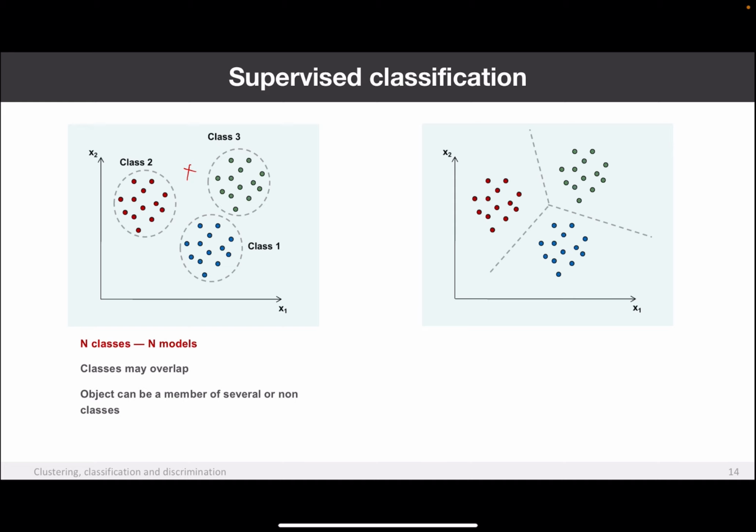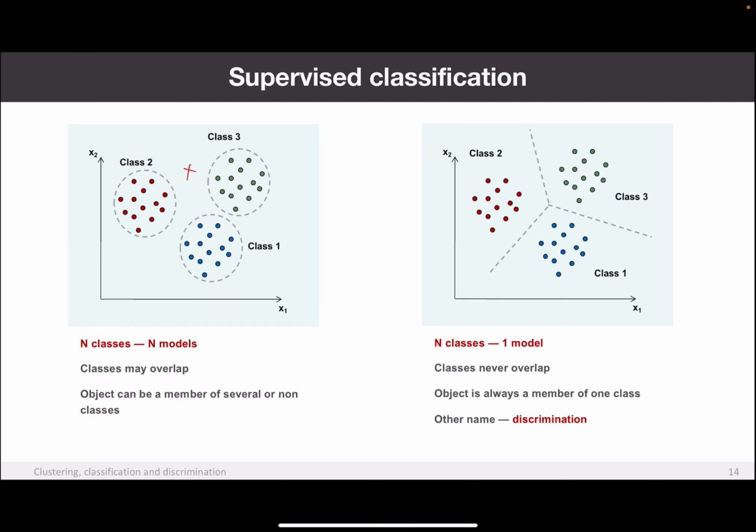In the case of discrimination, you discriminate objects, so it means that you don't have other possibilities. An object should belong to one of the classes you define. So it means that you have only one model, regardless of how many classes you have. And classes in this case will never overlap, of course. And of course, in this case, you don't have the possibility of identifying, for example, an outlier object which does not belong to any class.